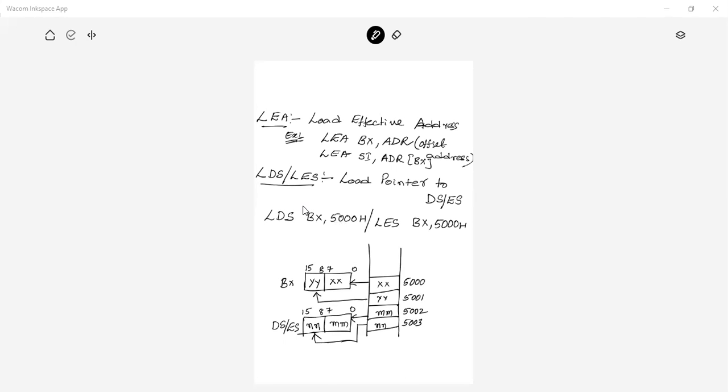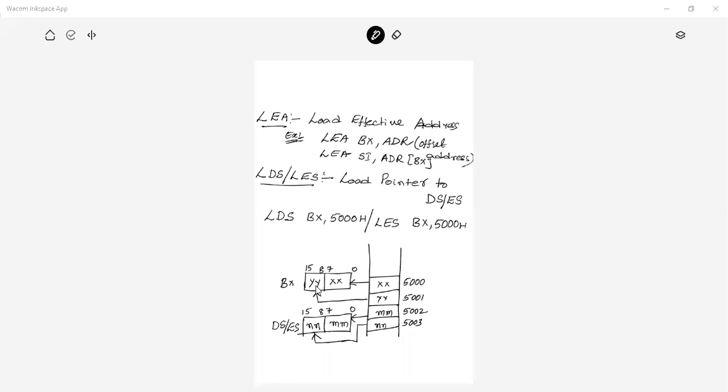So in the 5000 memory location, whatever 8-bit data is there will be copied into the lower register of the BX, that is BL. BL contains the first number as the lower byte, and the next number will be the higher byte if it is a 16-bit number.